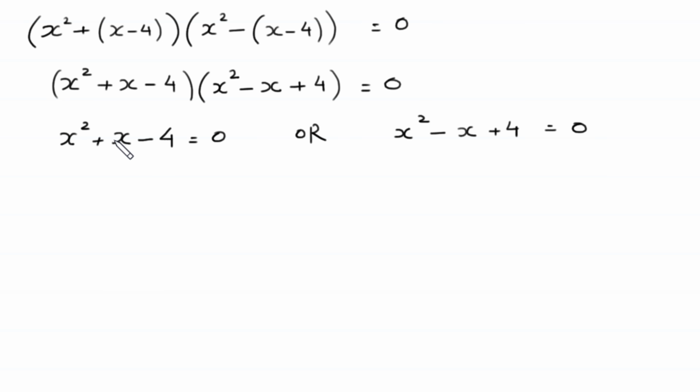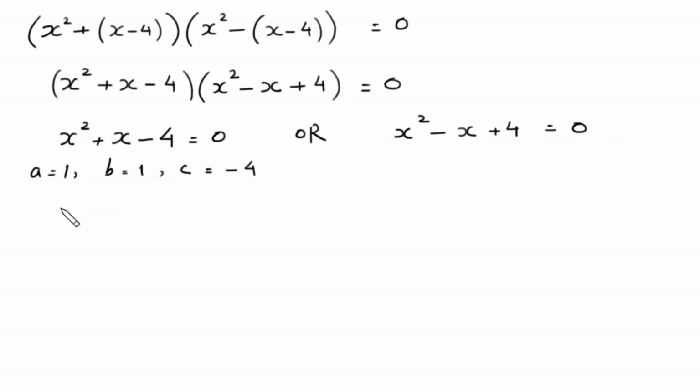Now from here, this is a quadratic equation and is not factorable, so we solve it by quadratic formula. In this equation, a is equal to 1, b is equal to 1, and c is equal to negative 4.